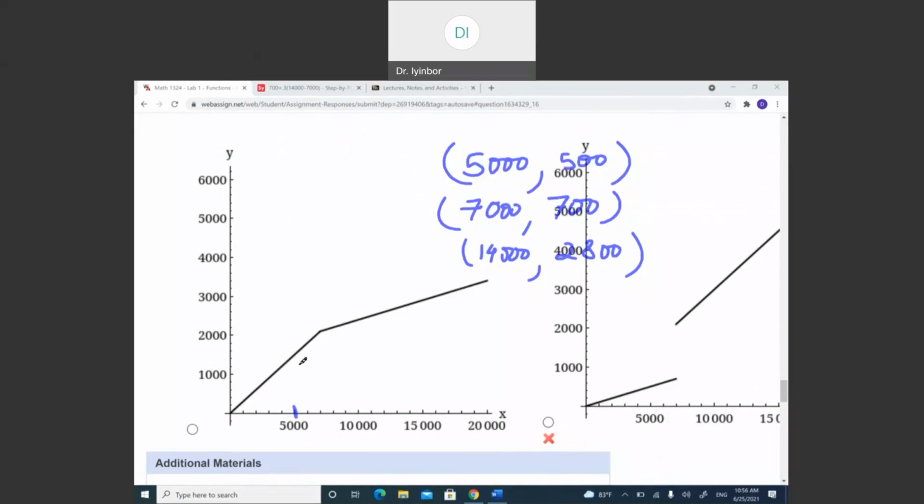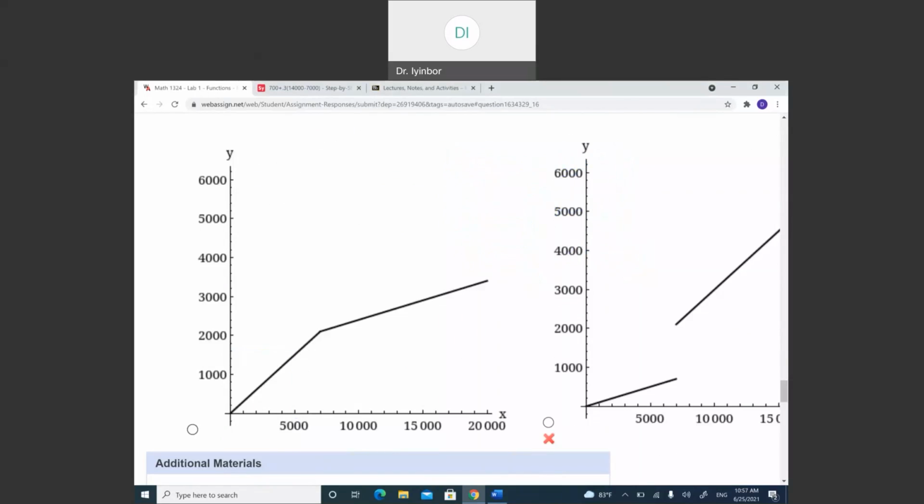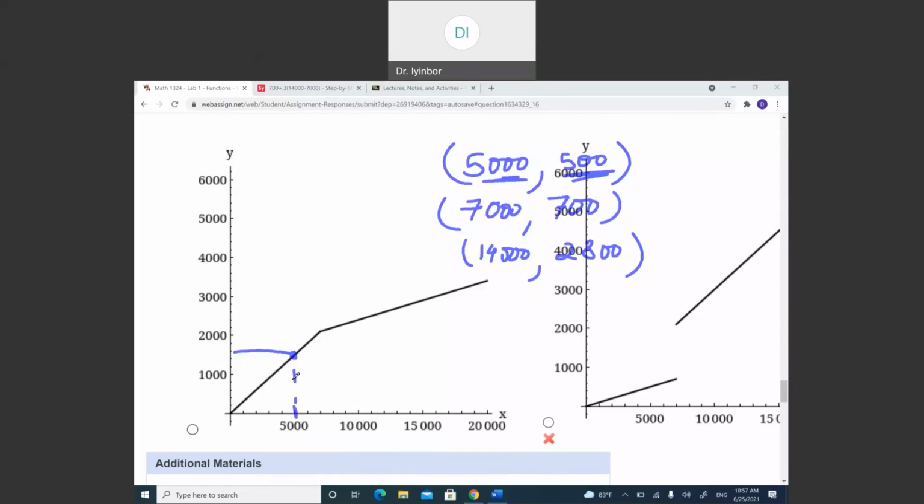The y is gonna be here, and the y is between 1,000 and 2,000. So it's not 500. So when x is 5,000, y for that point on the graph is not 500, so it's not this one.